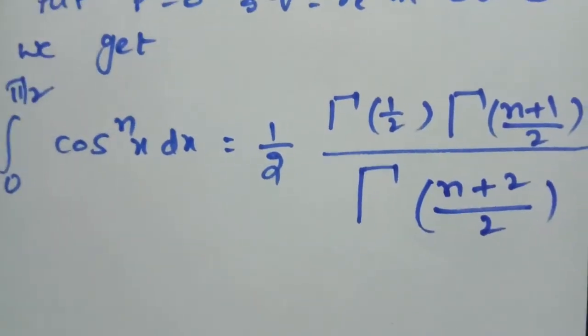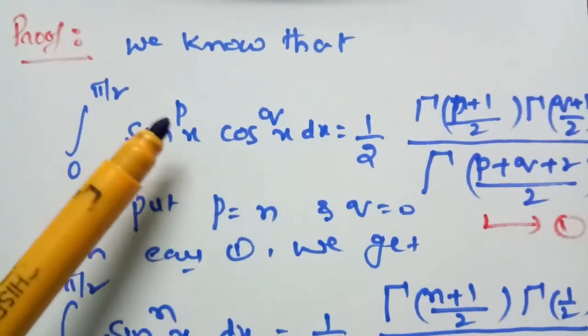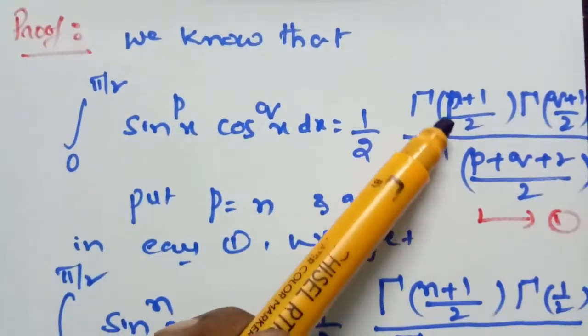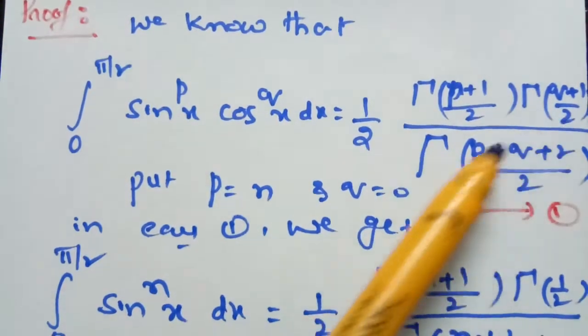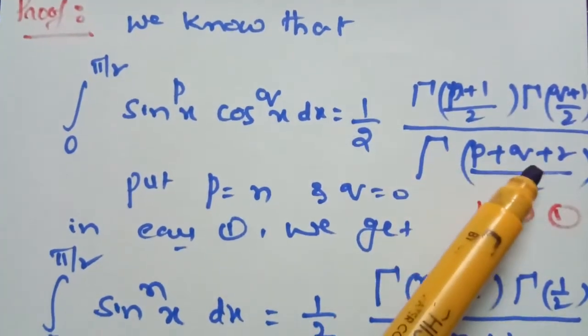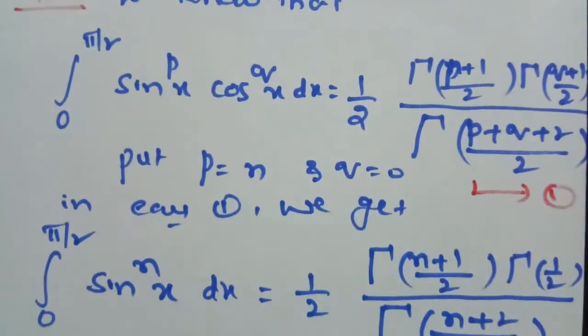So gamma 1 by 2, gamma (n plus 1) by 2, and here also p value 0, q value n, (n plus 2) by 2.